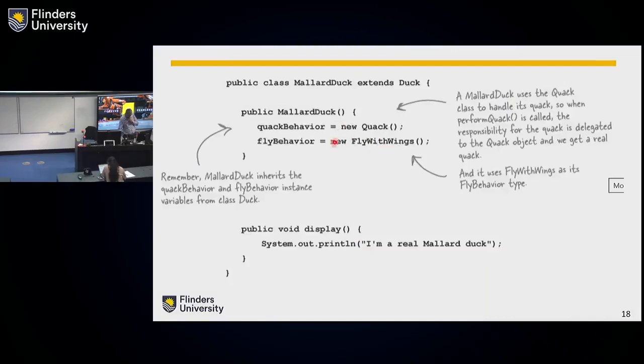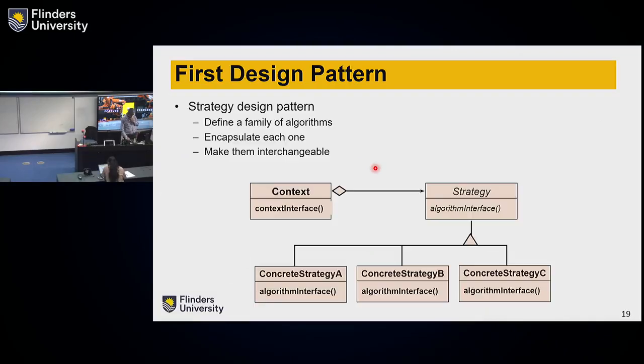Again, this is an example of that Mallard duck that we have discussed. So this is the first pattern that we have covered, which is called the strategy design pattern. So there was a problem, and we addressed that problem and provided a solution. And the software engineering community basically applied this pattern again and again, and then they gave it a name, which is called the strategy design pattern.